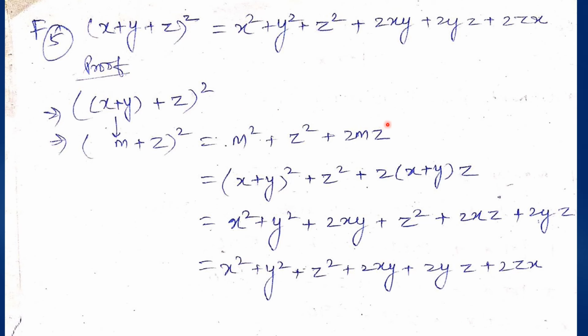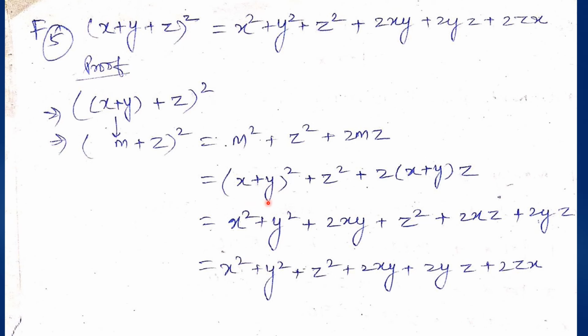Now is the time when we should put the value of m. So what is the value of m? x plus y, but in bracket we have to put, because every new thing comes in packaging only. So (x plus y) square plus z square plus 2 into (x plus y) into z. Now again it is easy for us to open.